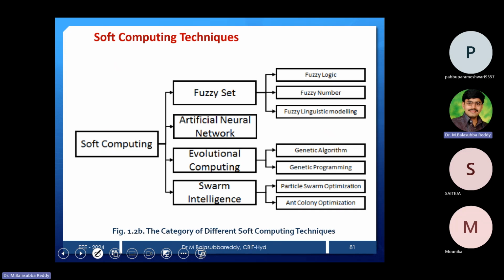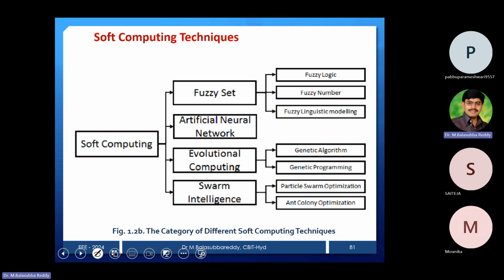Here is another way of classification also. There is a category of different soft computing techniques. Soft computing broadly divides into fuzzy sets and neural networks. Neural network again divides into artificial neural network, feed forward, and like that. We have many, and I will show you that also. And evolutionary computing.